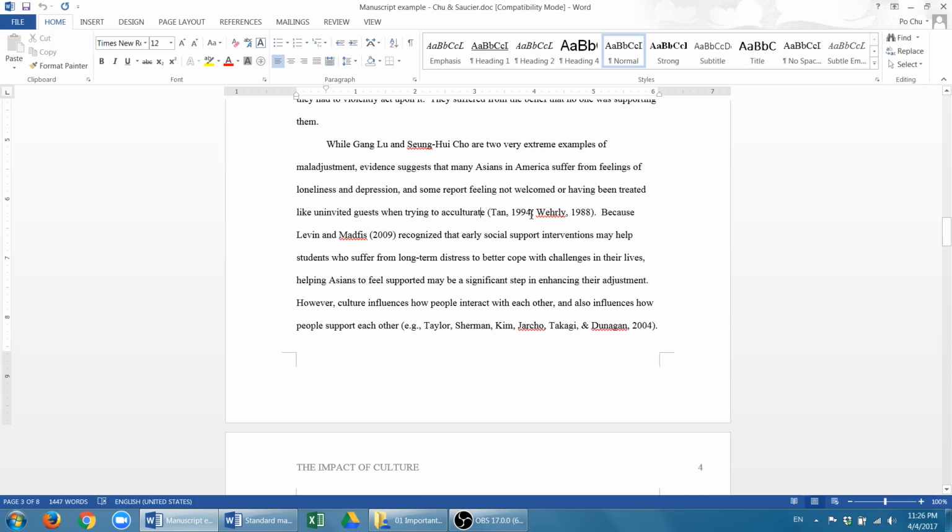There are different ways of citing research. You can cite it at the end, or you can say other people recognized the early social support, or whatever idea you present. And when you cite, please don't give the title of the research. All you have to do is give the last name and the year.